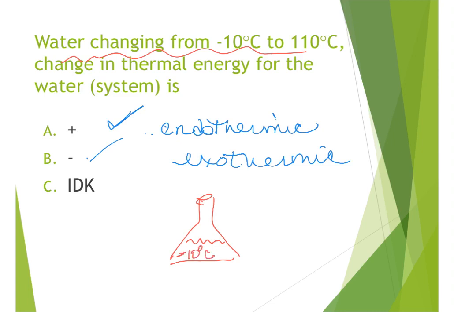And it's being heated up to 110, okay? So has our system, which is the water, taken in energy or has it released energy, okay? It has taken in energy, which means it has more thermal energy, okay? So if it's taken in energy, it's endothermic, and so it is associated with a positive sign.